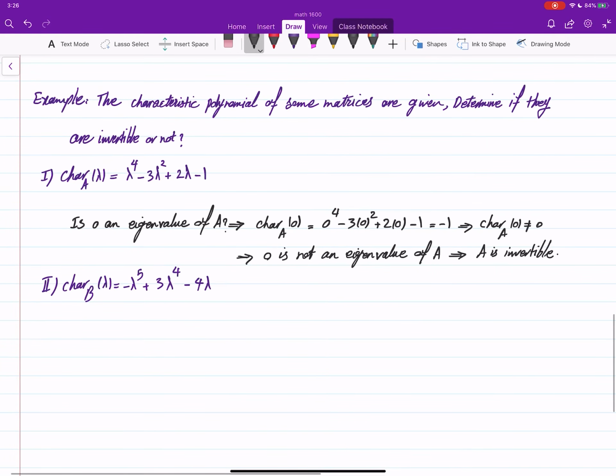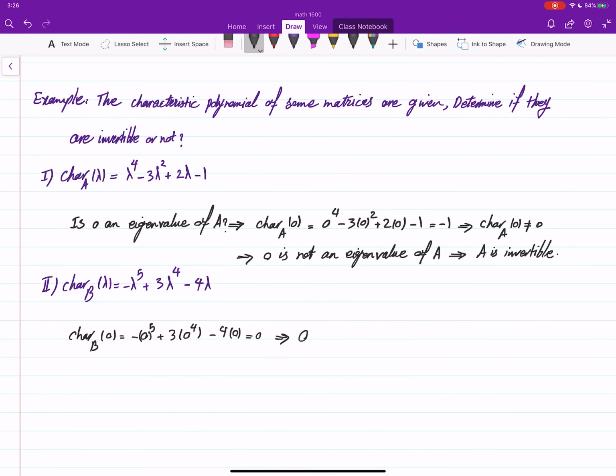How about this one? You see that the characteristic polynomial of B, when you plug in lambda equal to 0, will give us 0 times negative 0 to the power 5 plus 3 times 0 to the power 4 minus 4 times 0. This is equal to 0. That means what?